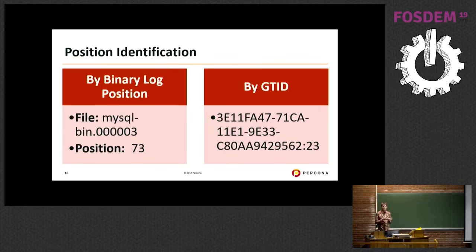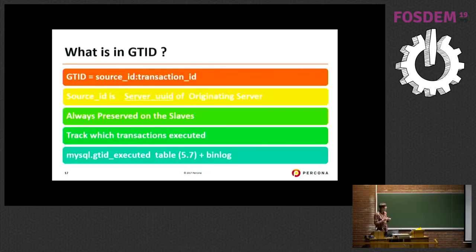You can also identify that by GTID, which handles all of that positioning much more fancily, but it's also much more complicated. So what is GTID in MySQL? Again, in MariaDB, GTID is different. That's one of the biggest differences in replication.